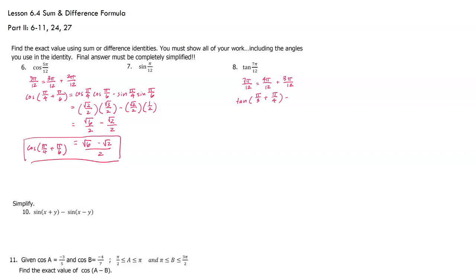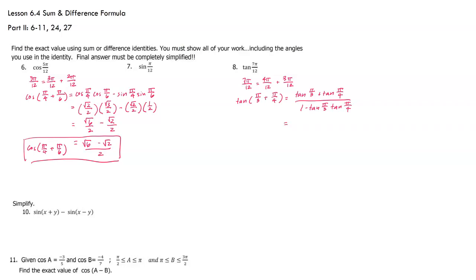We know all of that. And then I can use the formula: tangent of pi over 3 plus tangent of pi over 4 over 1 minus those two multiplied with each other.